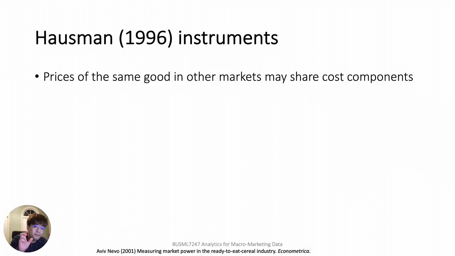But for the same product, prices may not significantly differ across the markets because there exist various components in price shared across the market. Production cost is a good example. Thus, the prices of the same good in other markets are expected to be correlated to the price in the focal market, but independent of the demand shock on the focal market.